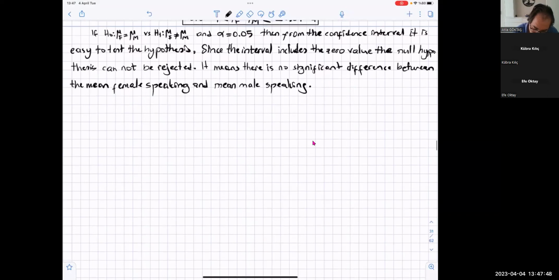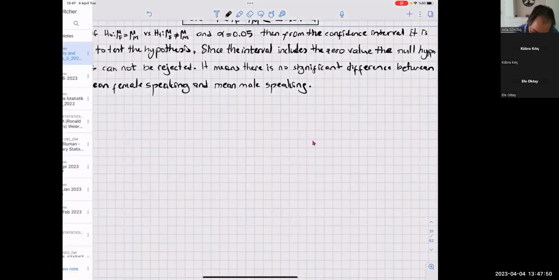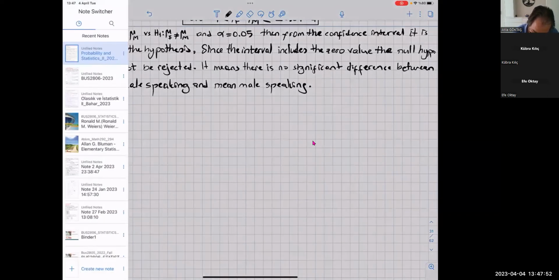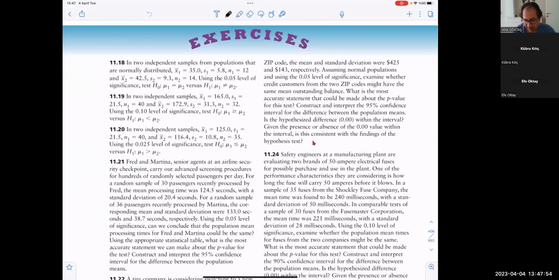Let's have some exercises. I'm also following another book that I teach from at another university for business statistics. Those are some exercises from that book. I'll copy some of them and share them with you to study yourself, just for practicing.